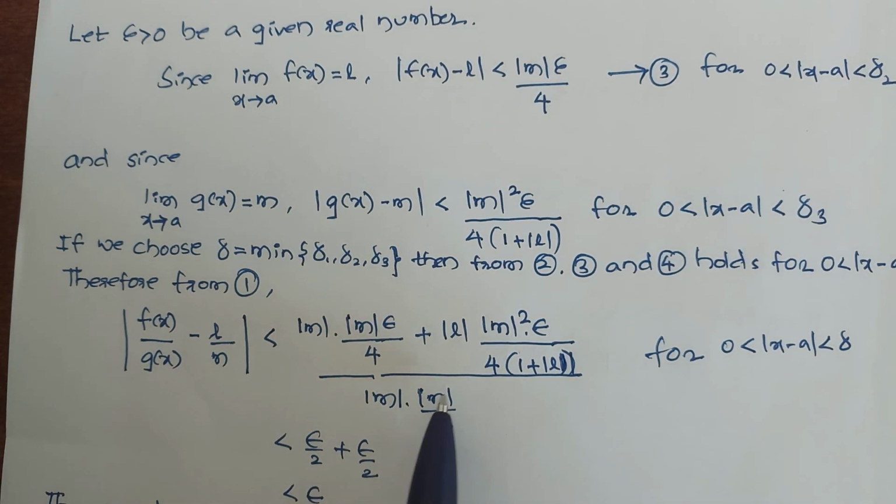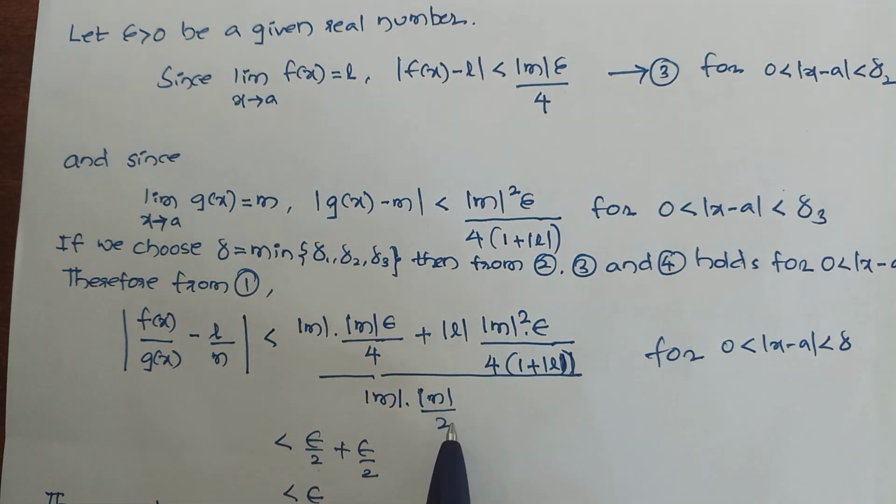So this is modulus of m square into epsilon divided by 4, over modulus of m square divided by 2. So it will become modulus of m square into epsilon by 4 into 2 divided by modulus of m square. M square vanishes, and the 2s cancel, then it will become epsilon by 2.